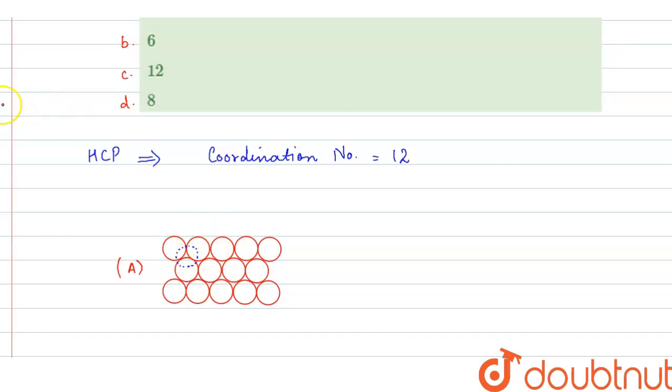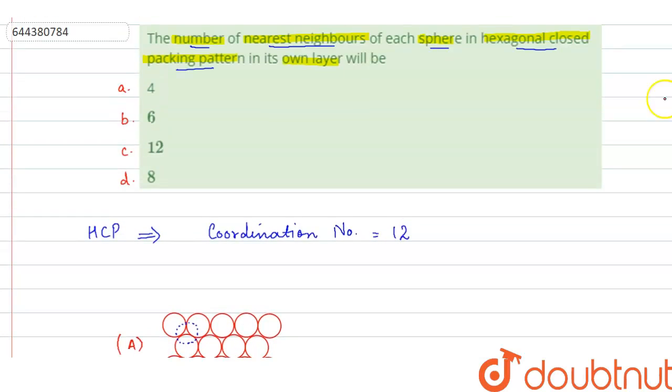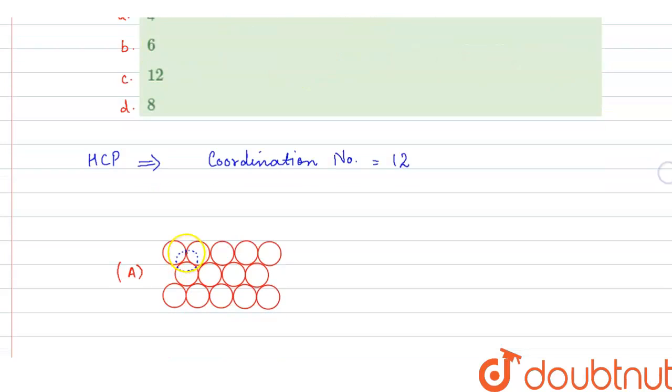Now basically in the question we are asked about the nearest neighbor of each sphere in hexagonal closed packing pattern in its own layer, right? So we just have to find out the nearest neighbor particles in the same layer. Suppose this is the particle. We'll consider this particle.